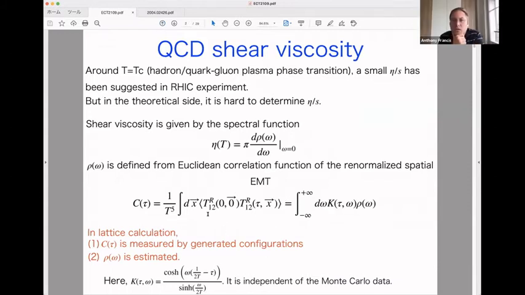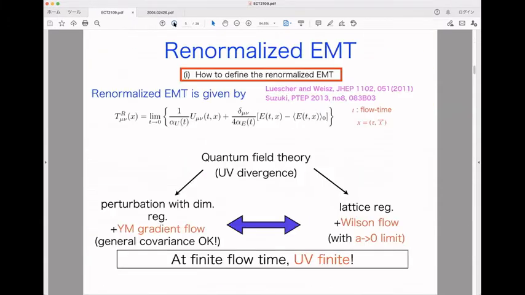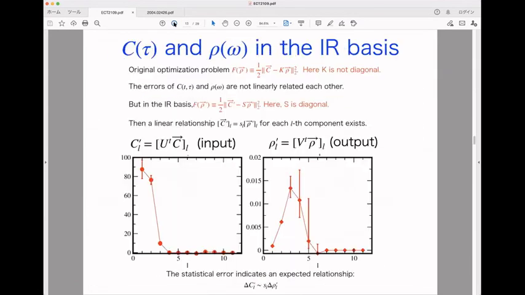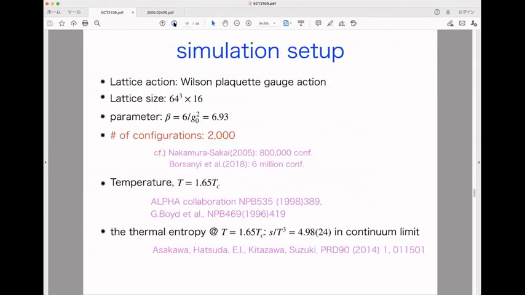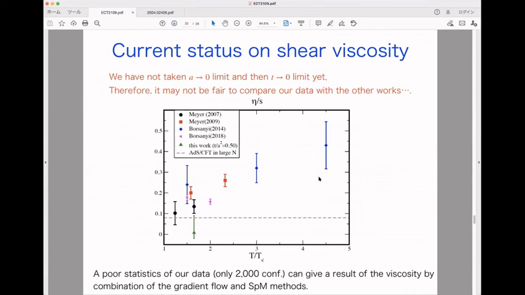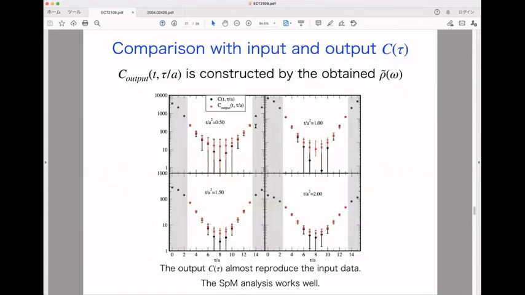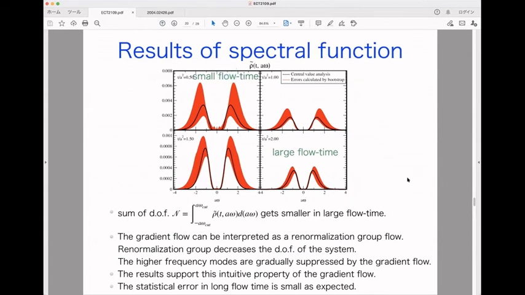Okay, Harvey, you had a question? Yeah, so on these results that you had in the quenched theory, I was wondering if you can see the shape of the spectral function, maybe one slide previous, around omega equals 0.